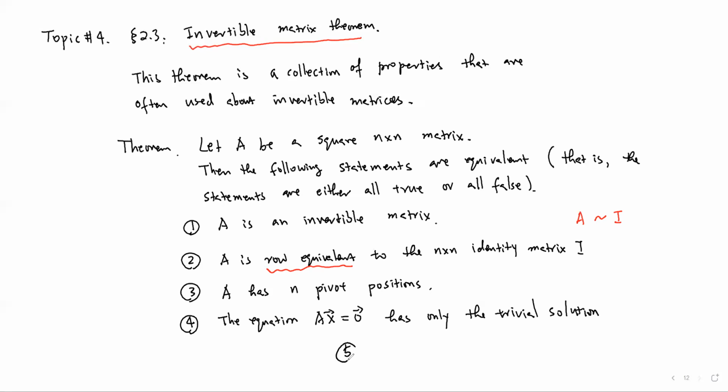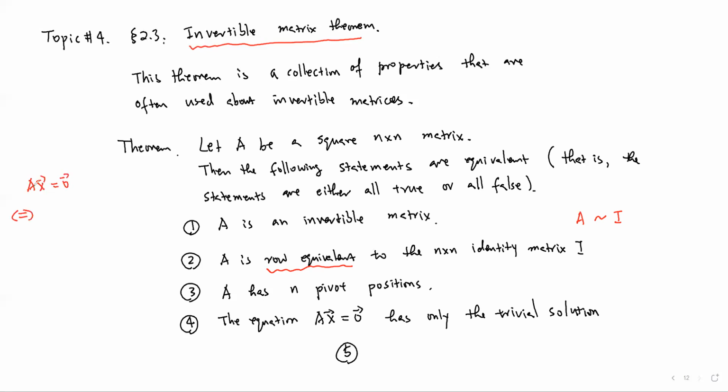Number 5. This equation has only the zero solution. Recall that a matrix times a vector is, by formula, a vector that is a linear combination of the columns of the matrix A. A times X is 0.